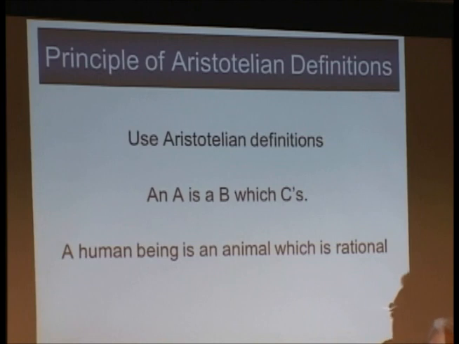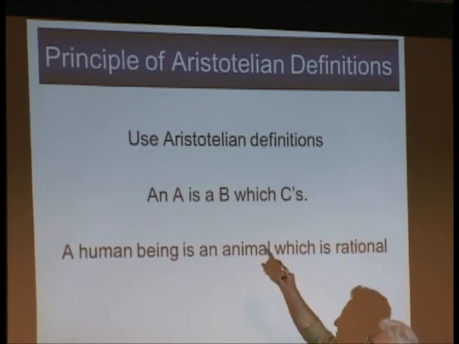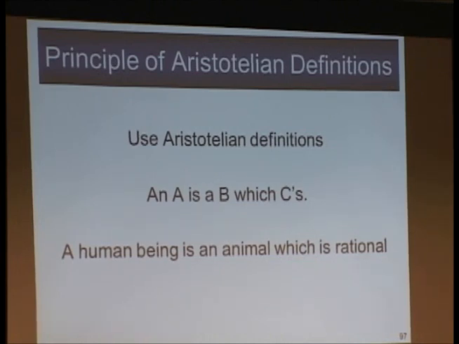You have a term A in your ontology, and its parent term is B. And the ontology that you build should be a single inheritance ontology, which means every term should have maximally one parent. Only the root should have no parents. Every other term should have exactly one parent. So you have an A, which is a B. That should be the beginning of your definition. An A is a B, which, and then you need to fill in this C. So a man is a person which is male. Human being, this was Aristotle's example.